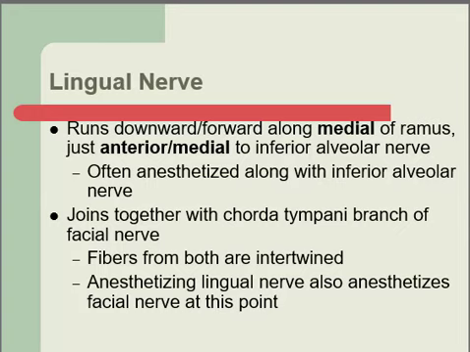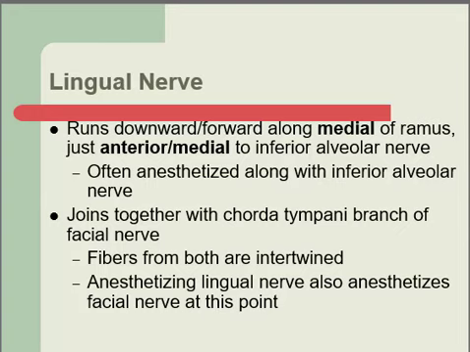Anyway, so then the lingual nerve joins together with the chorda tympani branch of the facial nerve. And these fibers are intertwined. So a lot of times patients will say, yes, their tongue is numb, but then their taste, because chorda tympani supplies taste for the anterior 2/3 of the tongue.